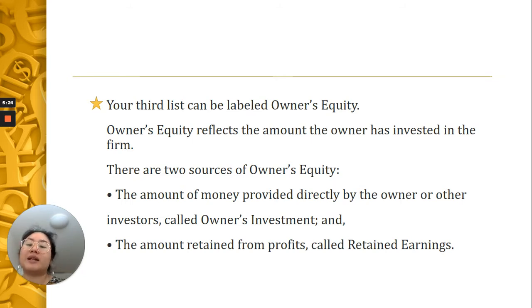The second is the amount retained from profit, which we call retained earnings. So the balance sheet has three lists: assets, liabilities, and owner equity, and the owner equity comes from owner investment and retained earnings.